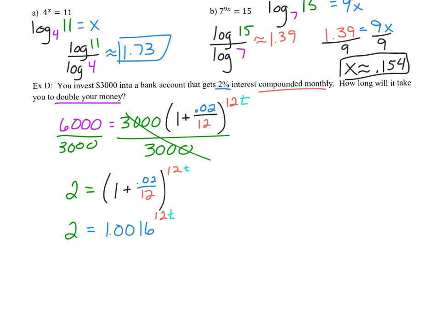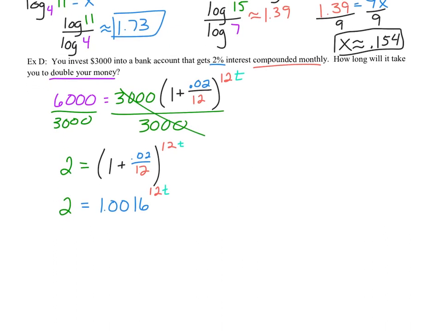So I'm looking at that and I'm like, well, all right, I've got a number, I've got a base, I've got an exponent now. From there, because really that 12 next to that t, those are tied together, I can just rewrite this as a logarithm now. So I'm going to do the log, my base, it's funky, but it's my base, 1.0016 to the 2 equals my 12t.